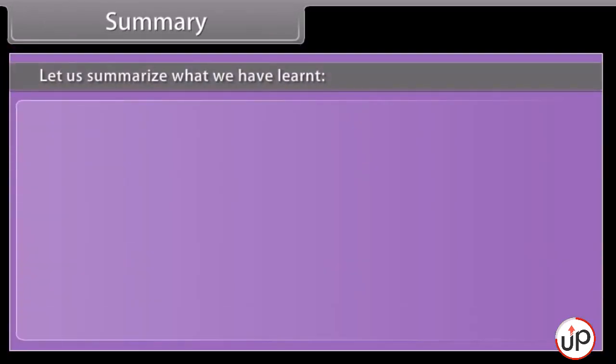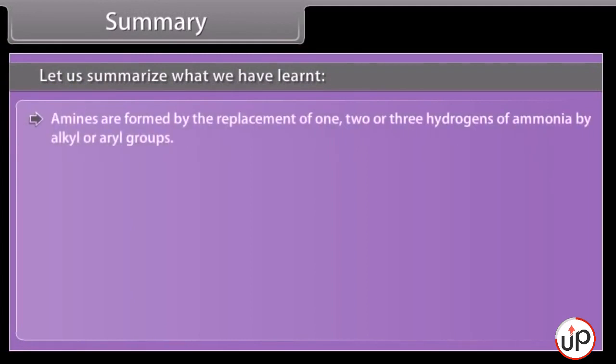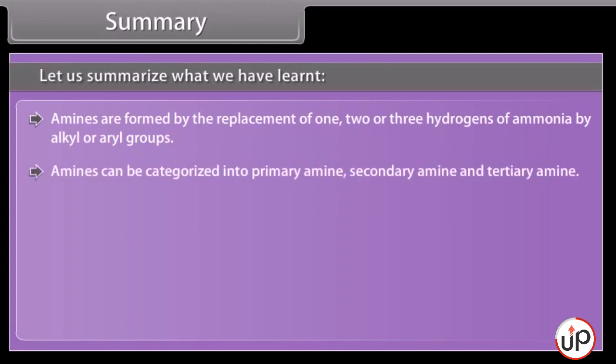Summary. Let us summarize what we have learned. Amines are formed by the replacement of 1, 2 or 3 hydrogens of ammonia by alkyl or aryl groups. Amines can be categorized into primary amines, secondary amines and tertiary amines. In the common name system, alkyl amines are named as alkylamines.